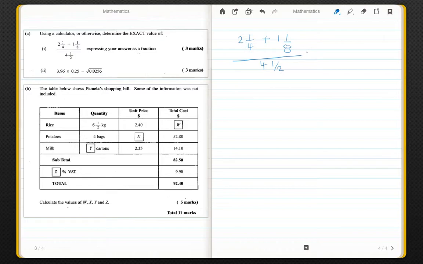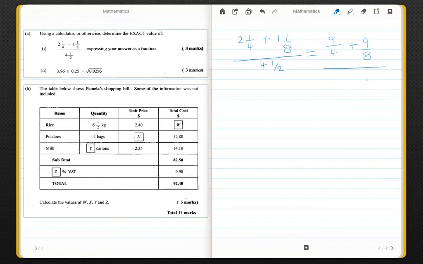So, first thing, I would like to change these fractions into improper fractions. To change this, 2 times 4 plus 1, that would be 9 over 4. 1 times 8 plus 1, that would be 9 over 8.